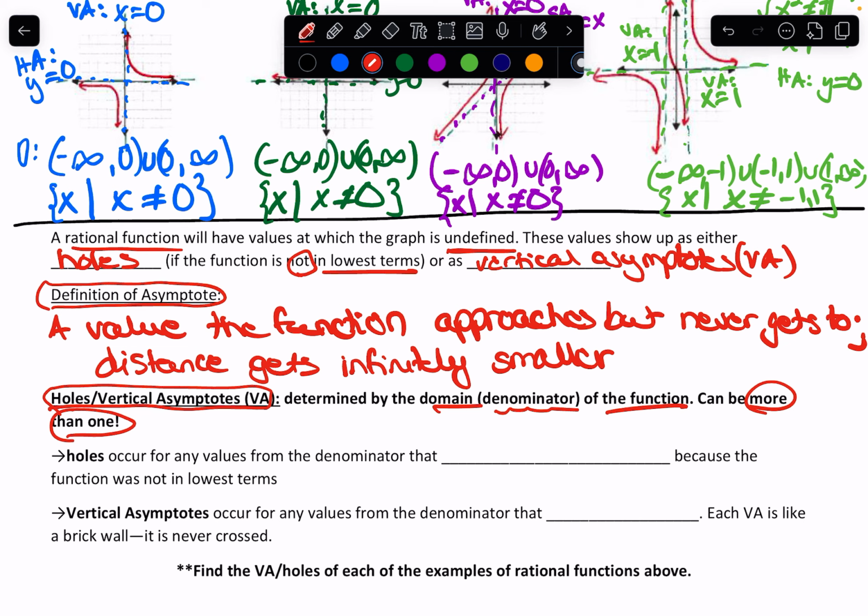So again, holes occur for any values from the denominator that factor out because the function was not in lowest terms. Vertical asymptotes occur for any values from the denominator that remain. Each VA is like a brick wall. It is never crossed.